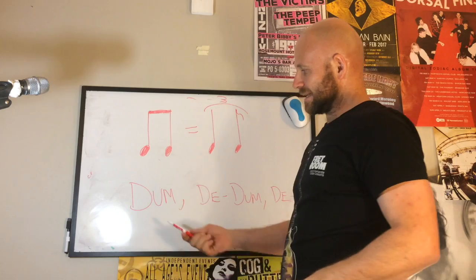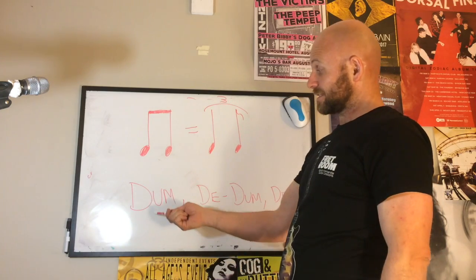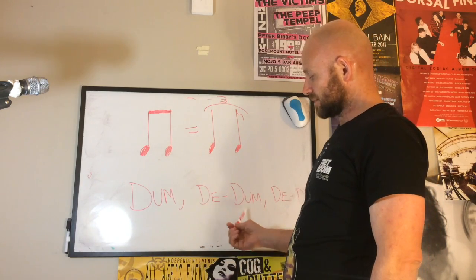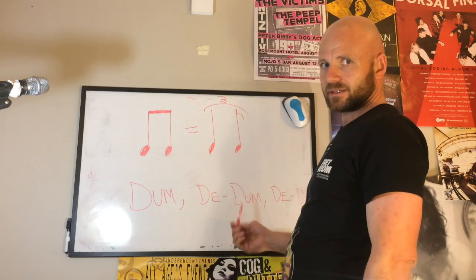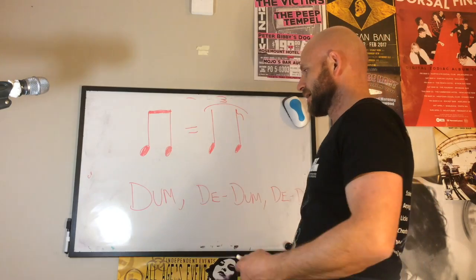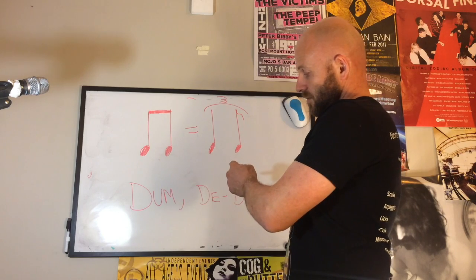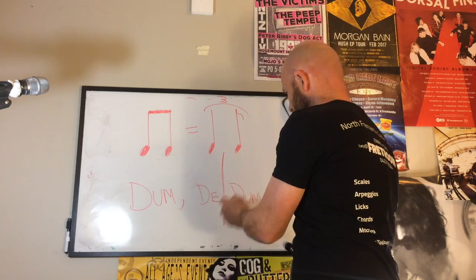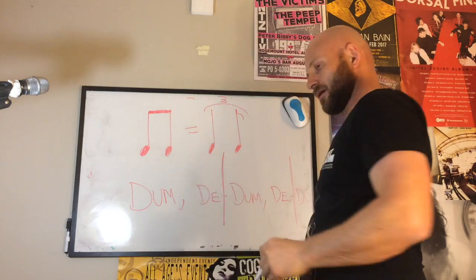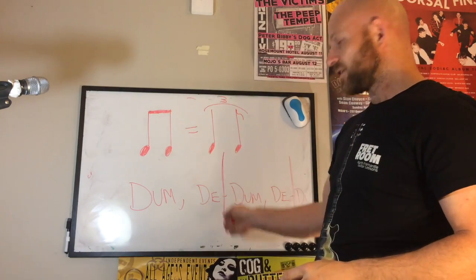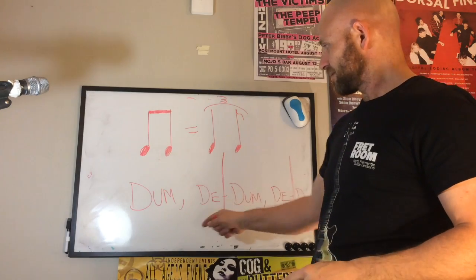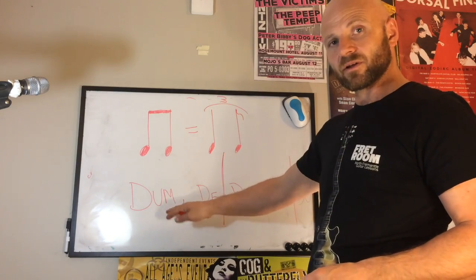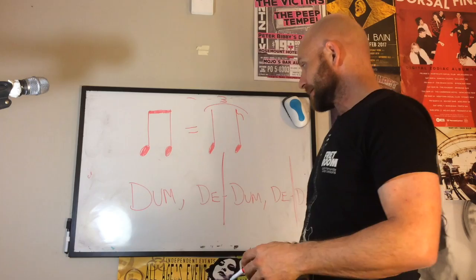heartbeat. And I might write that down like this: dum, de dum, de dum, de dum, de dum. In music, it wouldn't be written like that. I'd have a division there, not maybe divided by the comma that I put initially.